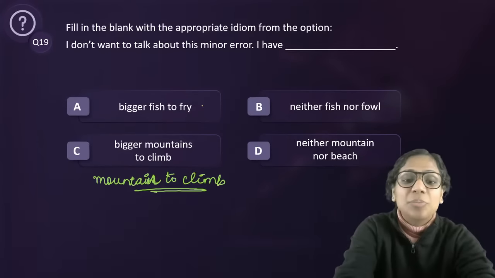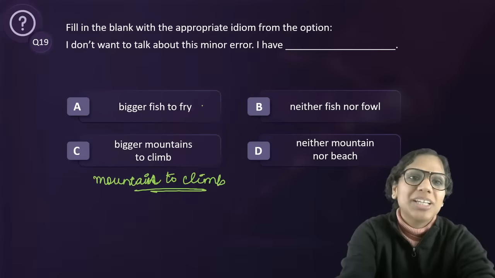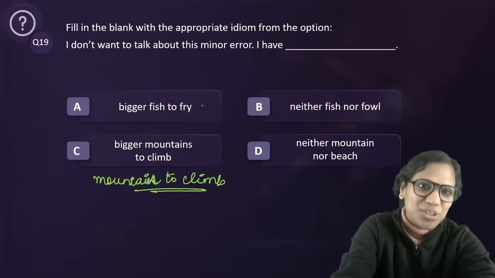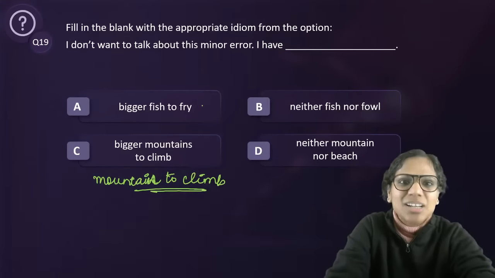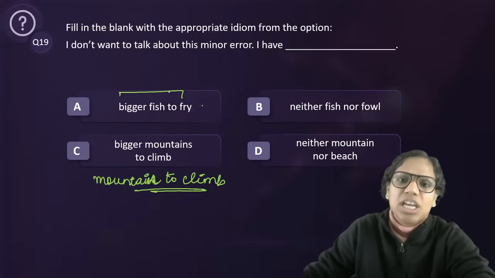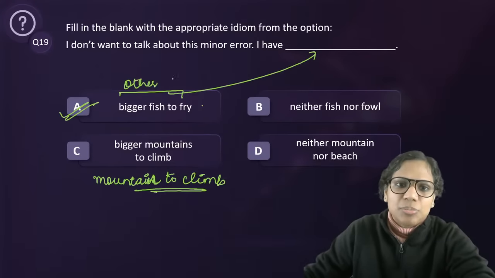I have bigger fish to fry. That means I have other, bigger tasks, right? I have other major goals in life in a way. I have other pressing issues in my life, other major issues in my life. That is bigger fish to fry. Okay, other major issues.